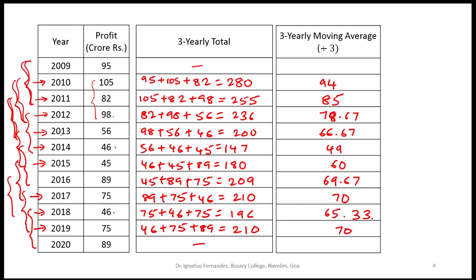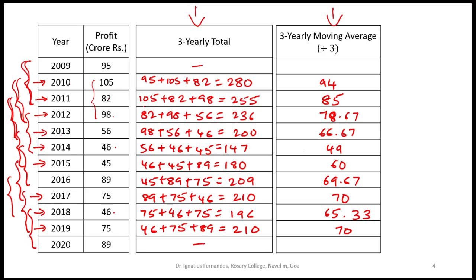Okay, of course you could have even skipped this middle column that we wrote, and after finding the total you could have straight away divided by 3 here itself, and written these values. But just for the sake of the start, I have written this total as well. This step can very well be skipped.